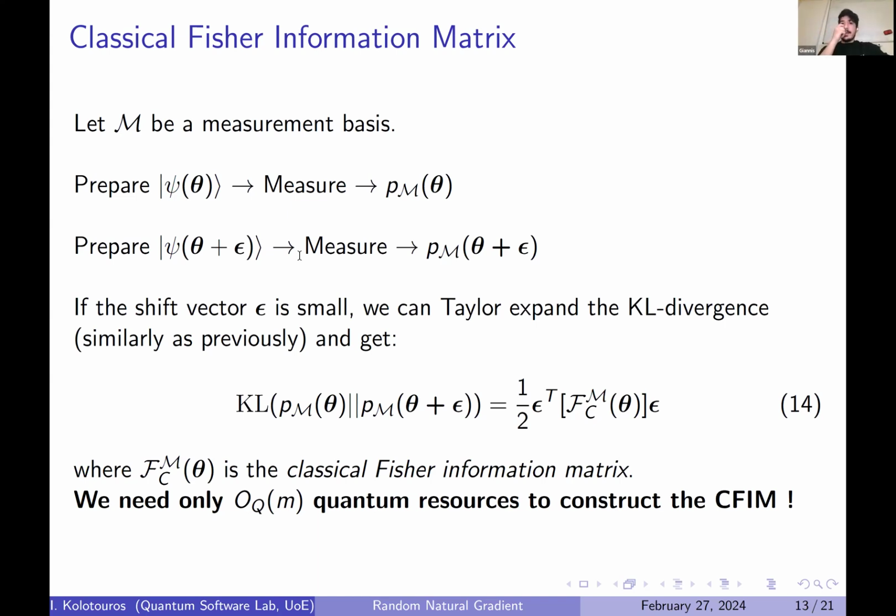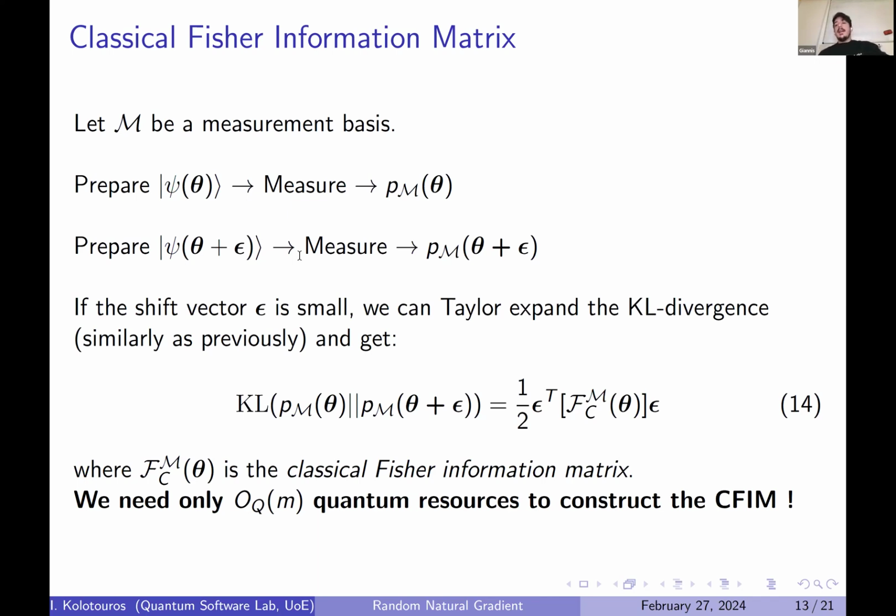If we do the same analysis as for the quantum Fisher information matrix, we can see that the KL divergence can be written in the exact same form as the infidelity of the quantum states, where instead of the quantum Fisher information matrix, we now have the classical Fisher information matrix because we are working with probability distributions.